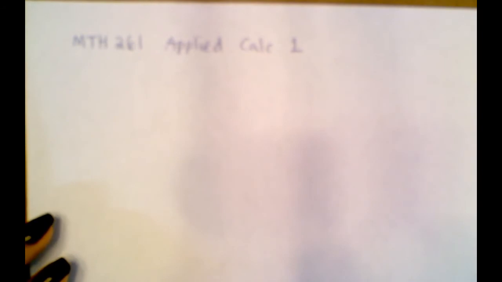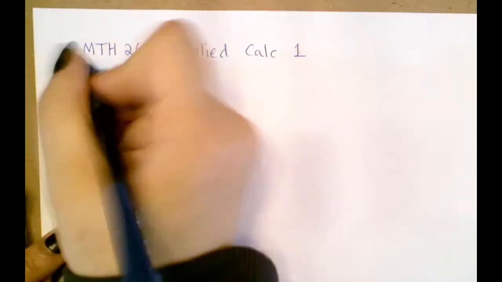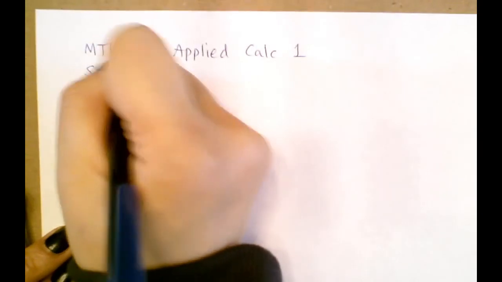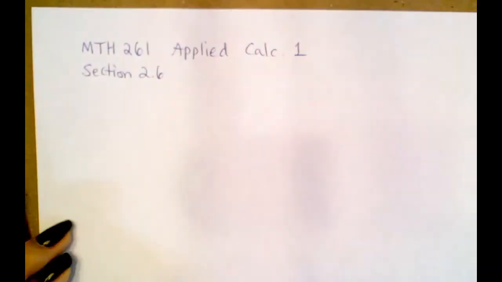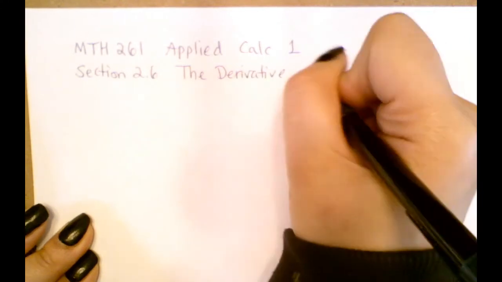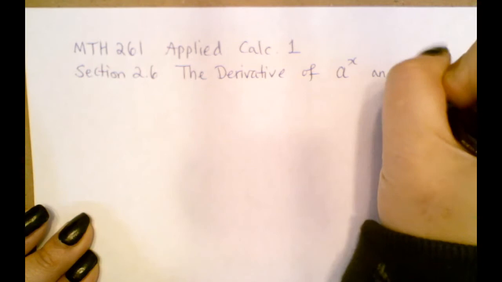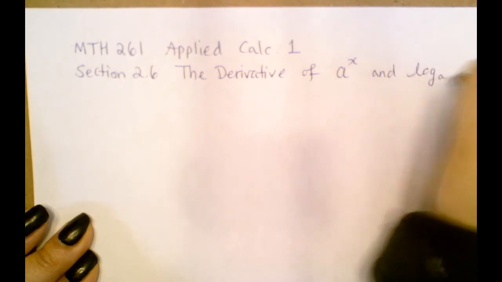All right, let me zoom in so that you can focus. This is for section 2.6, and it's called the derivative of a to the x and log base a of x.